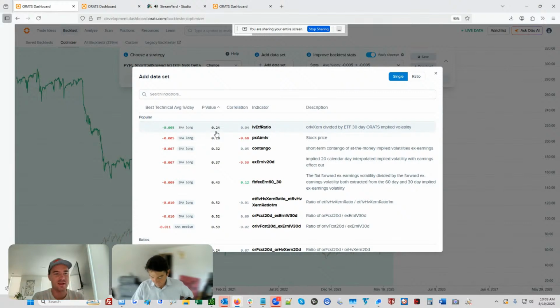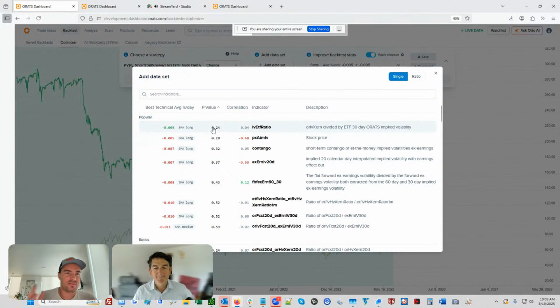Yeah. So just to clarify, this p-value is pre-calculated. So we actually calculate these values on the left, these metrics, before you add them to the graph. But they're going to be the same once you add them as they are in this pop-up here. Most software tools don't do that, I feel like, so that's important to clear up. So the p-value measures the likelihood that this indicator reaches the average percent per day metric there on the left by chance.